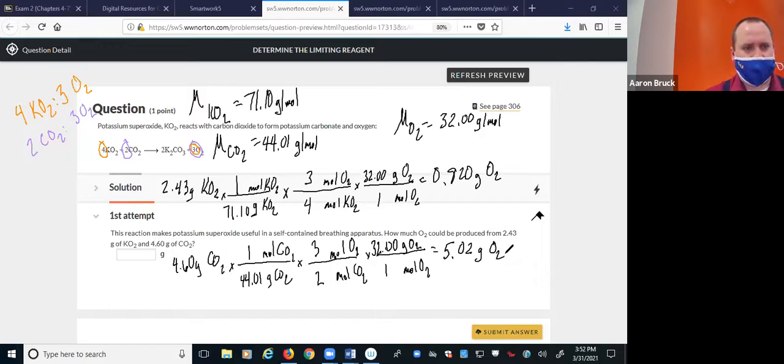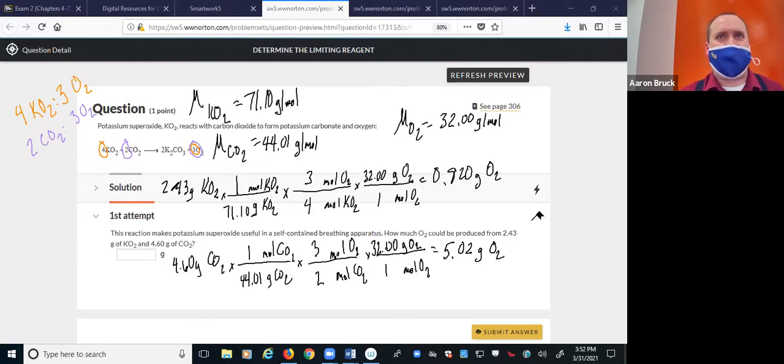So which is my limiting reactant? Yeah, my potassium superoxide is definitely the limiting reactant. And my theoretical yield? Theoretical yield would be one of these two numbers.